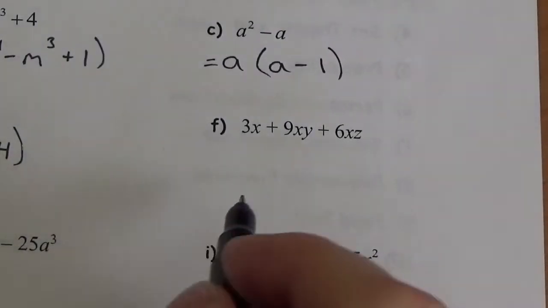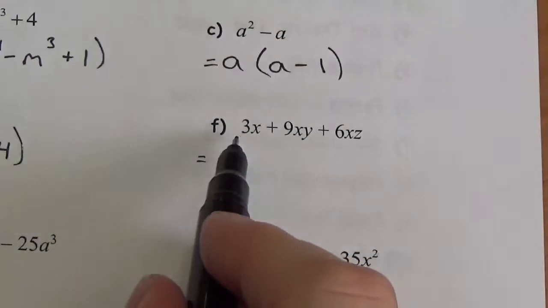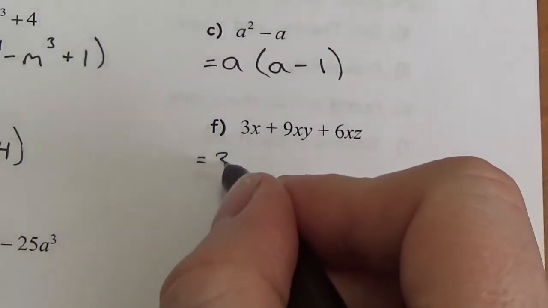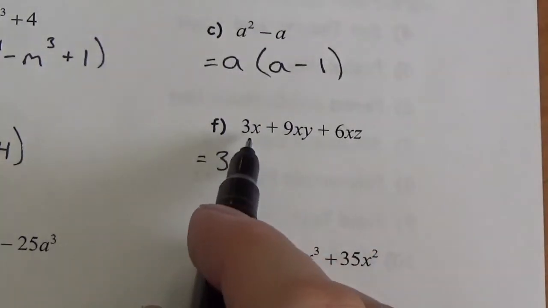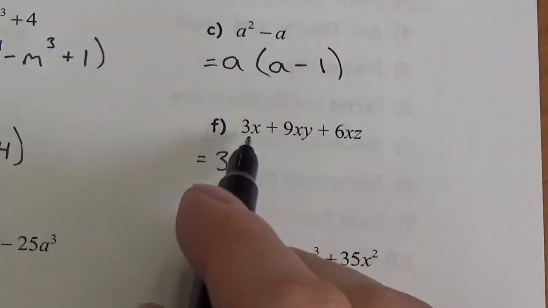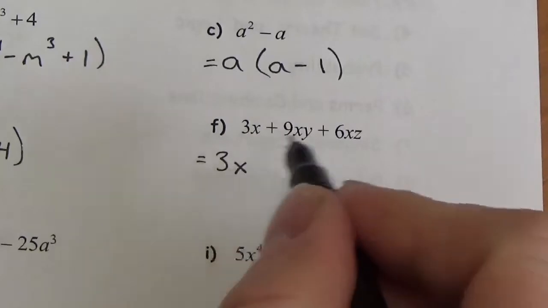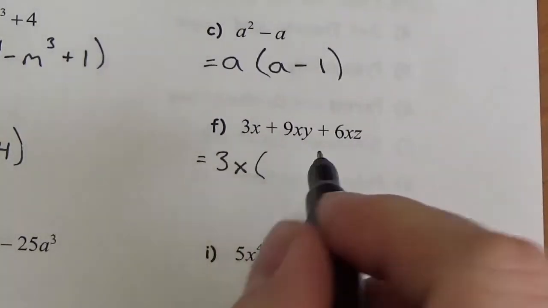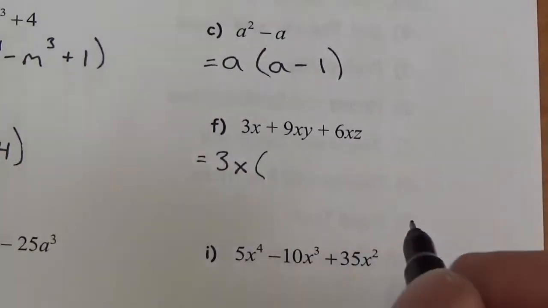Okay, now with this one right here, let's take a quick look. Look at the coefficients here, 3, 9, and 6. And I recognize that there's a common factor of 3 to each of those. Then when I look at the variable portions here, I see that the x is in every term, but not the y or the z, so that's good. That looks like that's the greatest common factor that I'm going to find here.